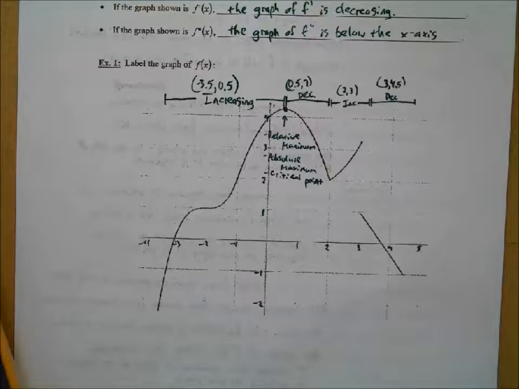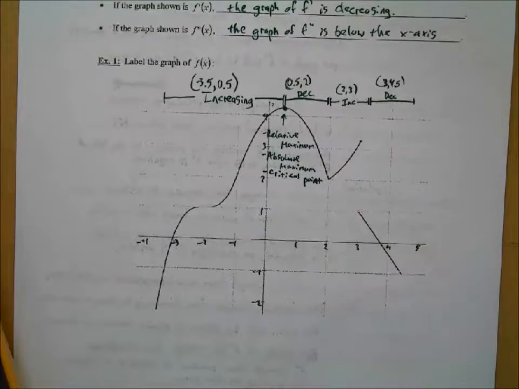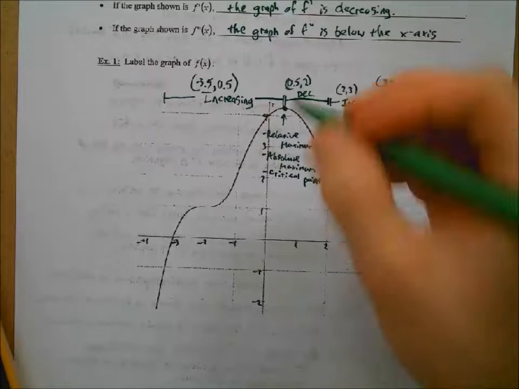I see what you're saying about the filled in dot, but what I'm trying to say is that the function is not continuous at 3 because we have that jump discontinuity there. So I want to say there's not a relative maximum there, but I will check on that just to make sure. I'm pretty sure there is not a relative maximum there at 3. So really we just have the 1 there, the hill.